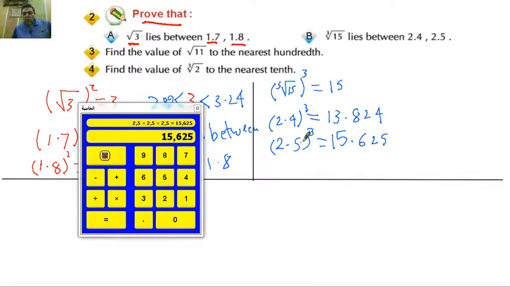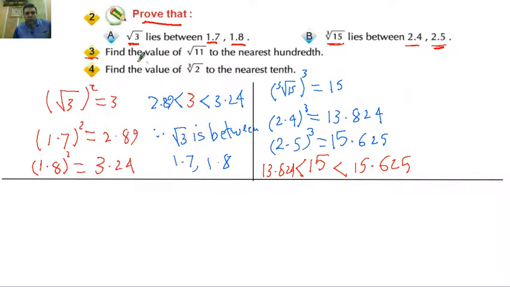As we see, 15 is greater than 13.824 and less than 15.625. So cube root of 15 is between 2.4 and 2.5.